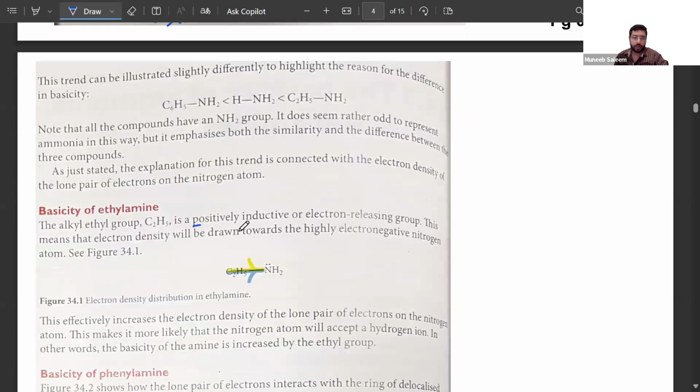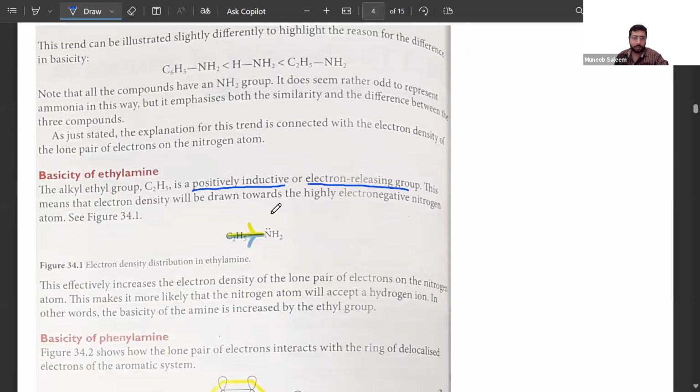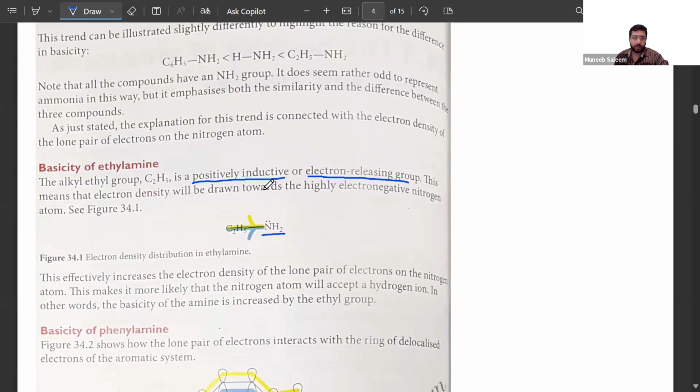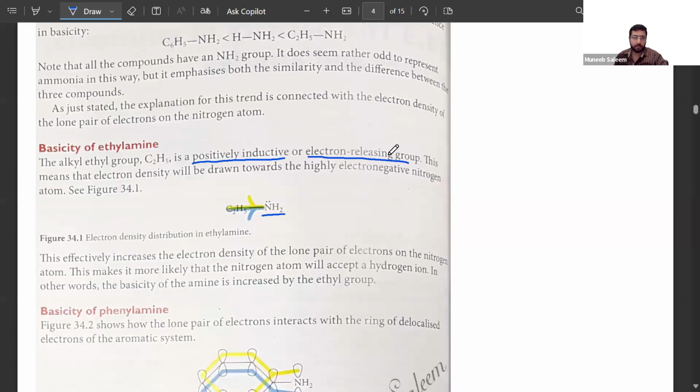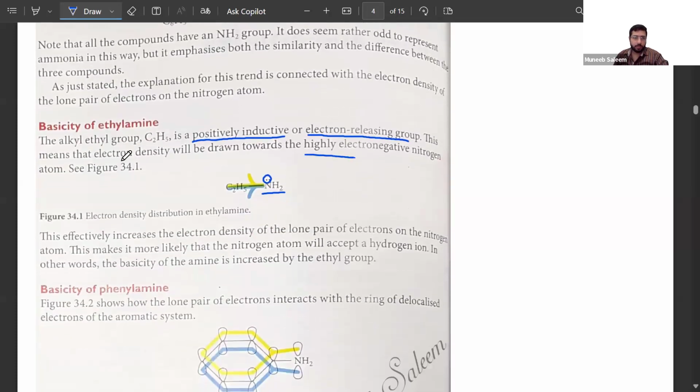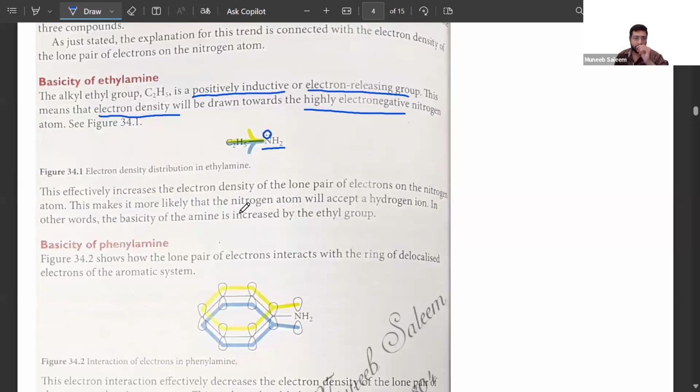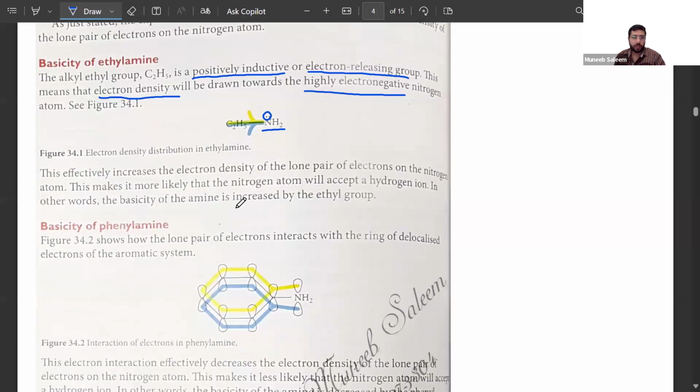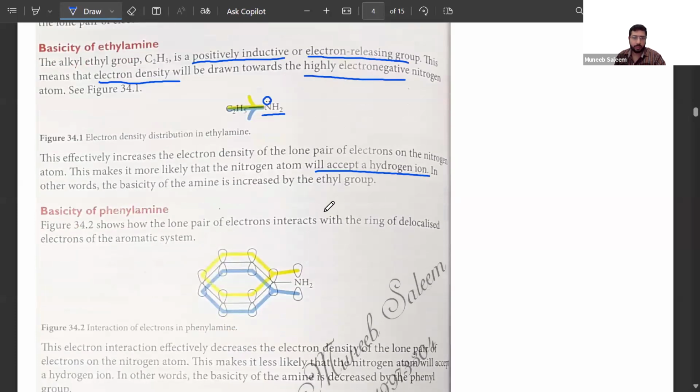So they donate electrons towards the amine group of the alkylamine, and so more electronic charge is present on the nitrogen. So electron density will be drawn towards the nitrogen atom, and this causes the nitrogen atom to accept the hydrogen ion to make the coordinate bond with it. So the basicity of the amine is increased by the ethyl group or any alkyl group.